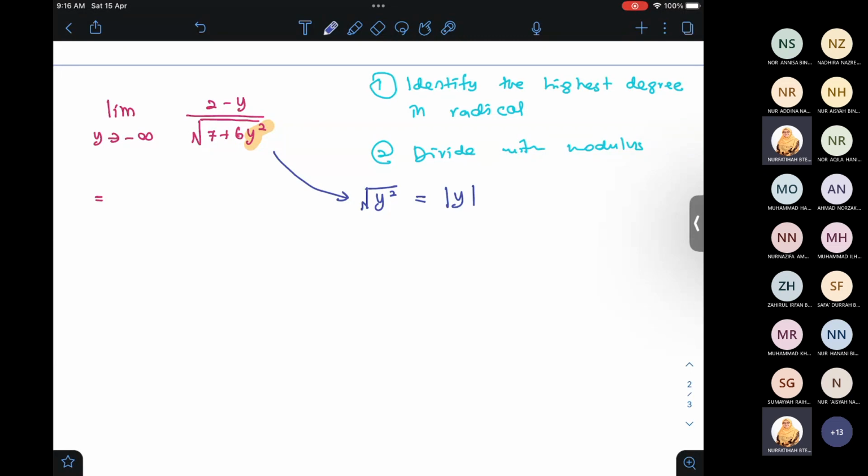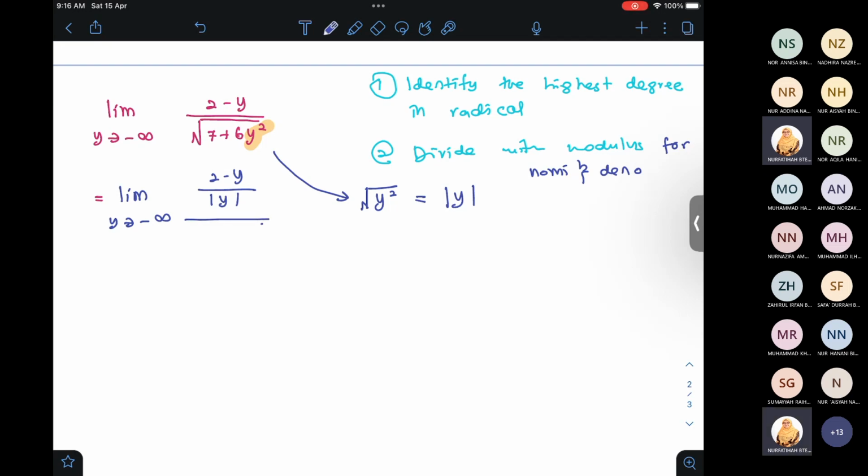So bila kita dah identify the highest degree in a radical, so we need to divide the modulus, okay, for the upper part and the bottom part. Kejap. We divide with the modulus y, numerator and also denominator. Okay, so saya divide kan. So limit y tend to negative infinity, 2 minus y divide by modulus y.